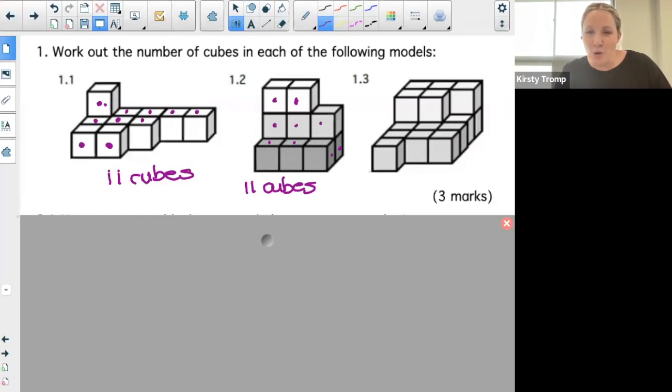All right. Ramsey, before you fall through the door, give me 1.3. Hi, Ramsey. Hello, ma'am. How many did you get for 1.3, Ramsey? Are you double checking? Yes, ma'am.